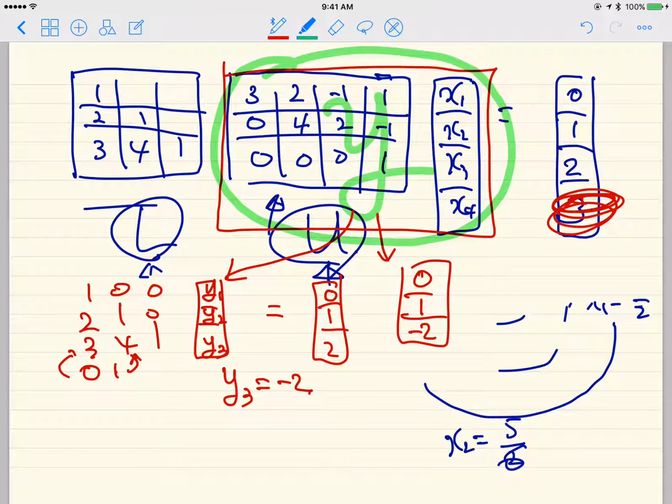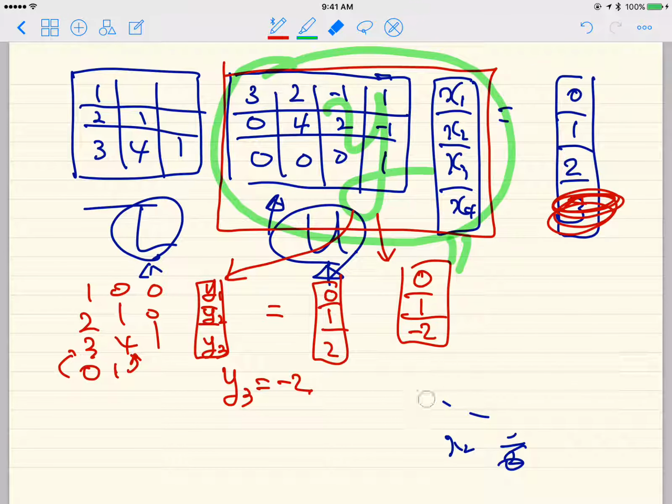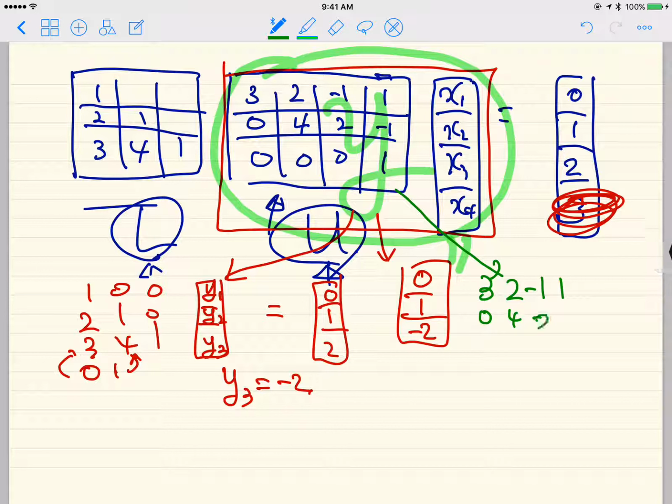Now we solve for x, where y is known, which we obtained as 0, 1, minus 2, okay? So let me rewrite it. I'm bringing this matrix 3, 2, minus 1, 1, 0, 4, 2, minus 1, 0, 0, 0, 1.